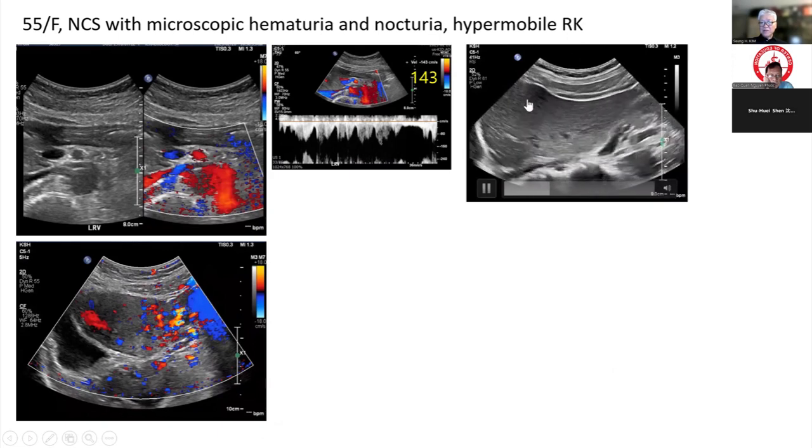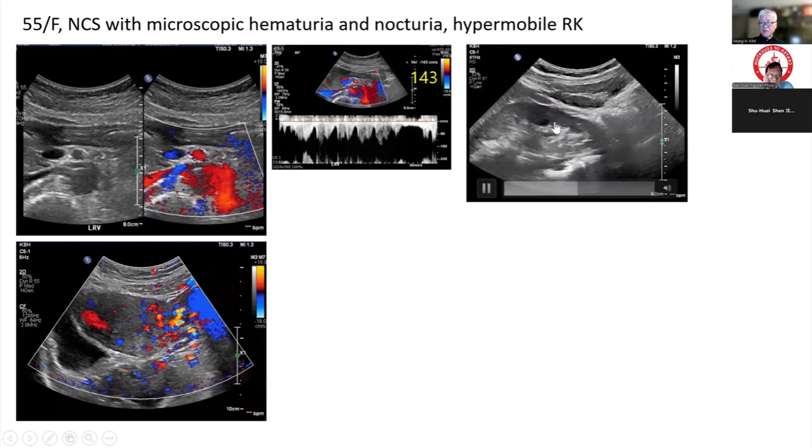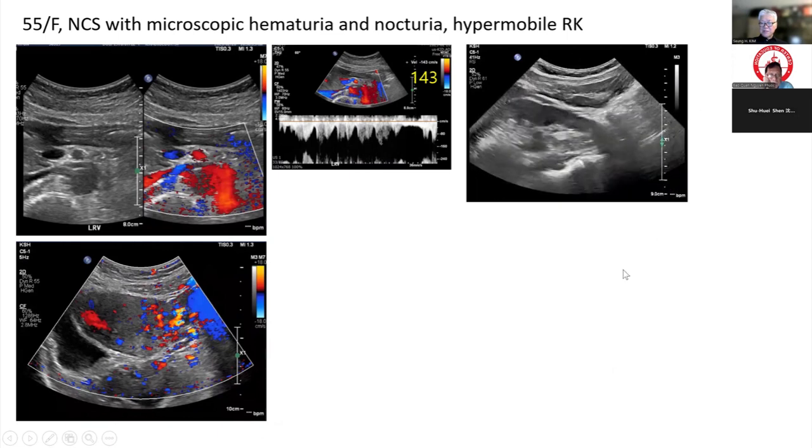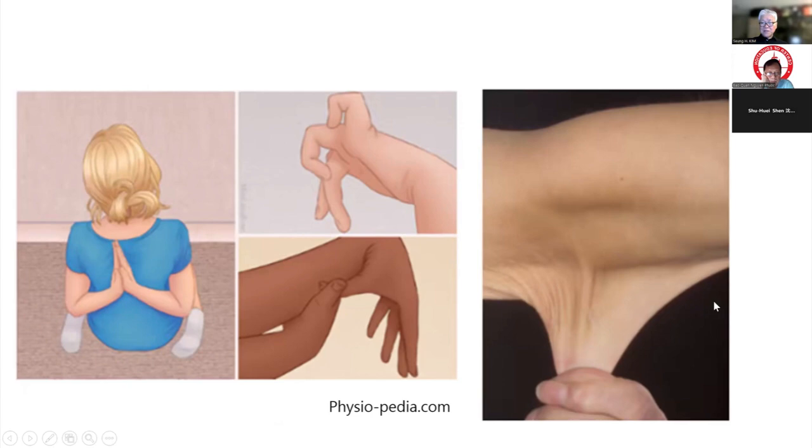So this patient has a hypermobile, mobile right kidney, and this is a figure showing Ehlers-Danlos syndrome, with elastic skin and subcutaneous tissues and hyperflexible fingers and arms.